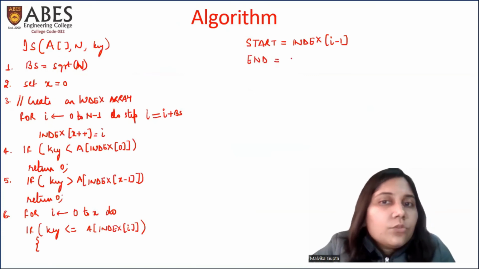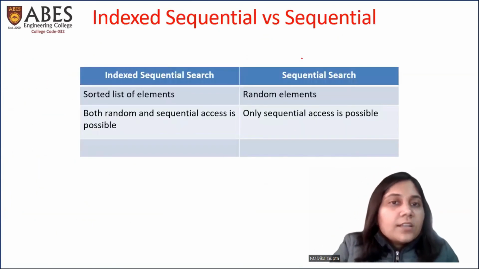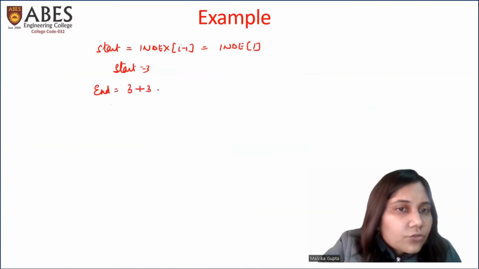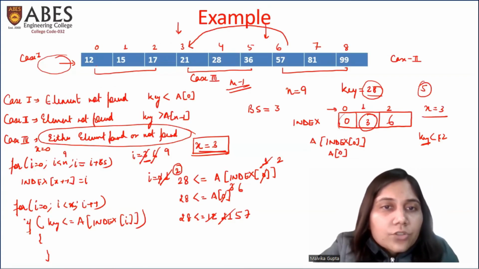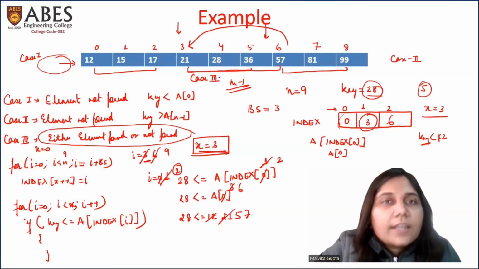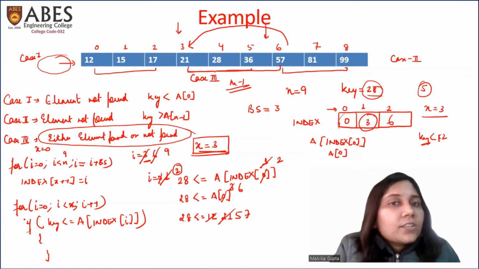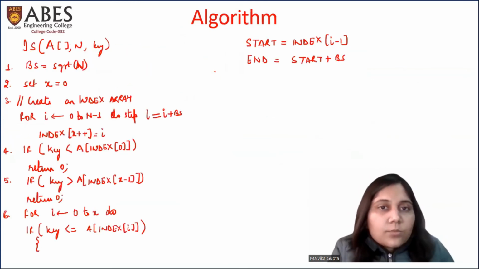End is equal to start plus BS, because we have BS. Start is 3 plus BS is 3, so your end will become 6. So it means we are going to search till here, right? But when I apply the sequential search concept, what will happen? I have got this one.